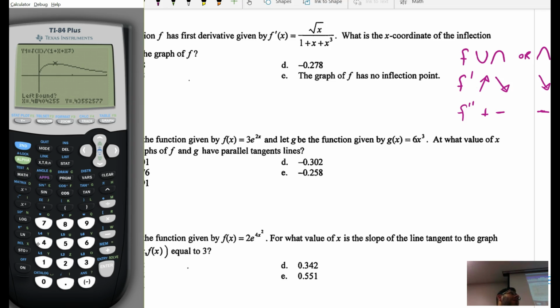We can type in those x values, or we can also scroll to the left of where we think the max is and scroll to the right of where we think the max is. Sometimes it's easier to type, sometimes it's easier to scroll. In this case, it seems pretty obvious that the max is between 0 and 1. So that's my left boundary, x equals 0, and my right boundary, x equals 1. And then the guess, since there's only one relative max between 0 and 1. Is that good?